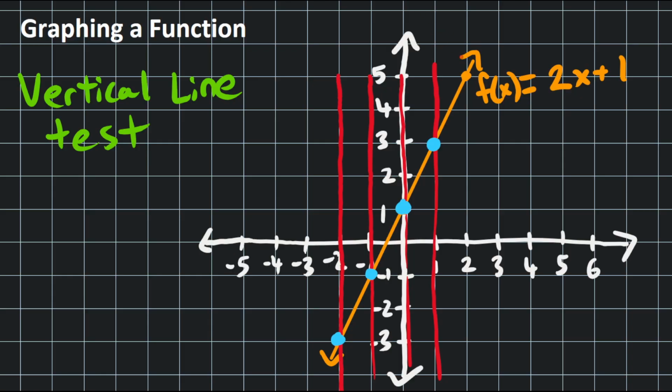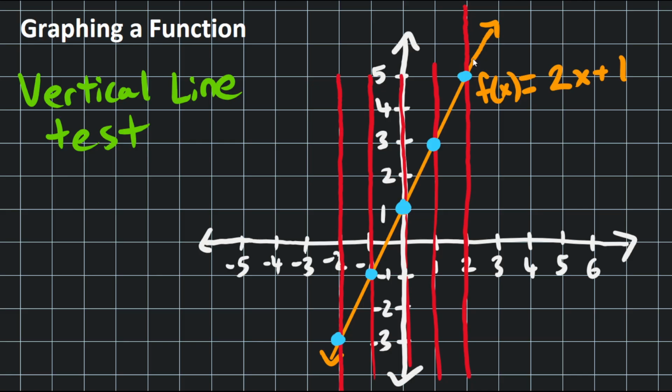And x equals 2. It's a little hard to see with this arrow, but if we extend this line just a little bit and then draw our vertical line, it only touches it once right there. So all of these red vertical lines that we drew only touch the graph once.